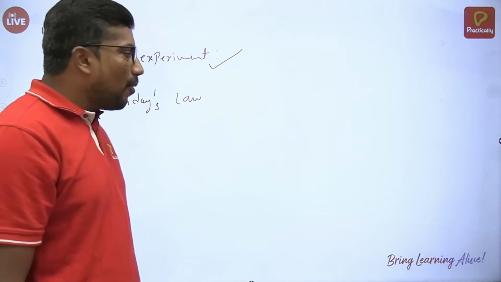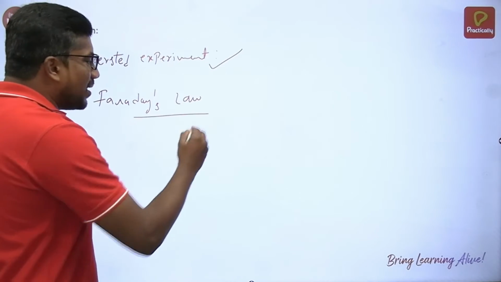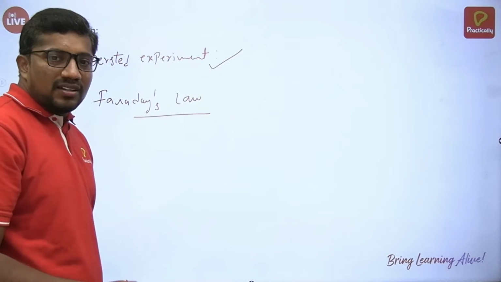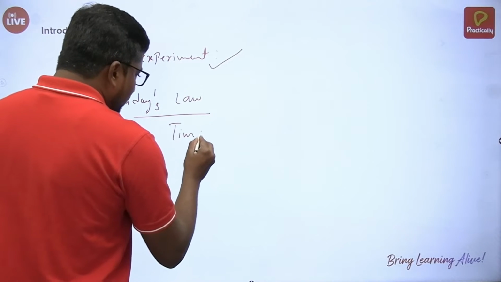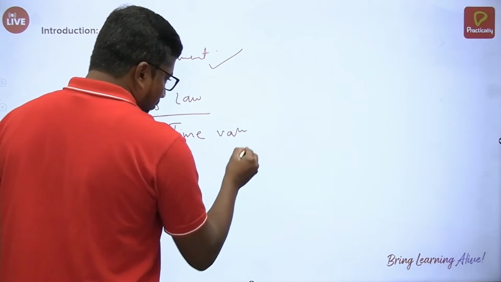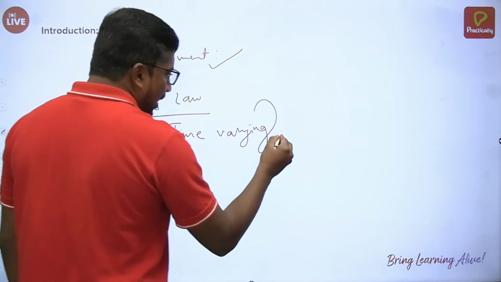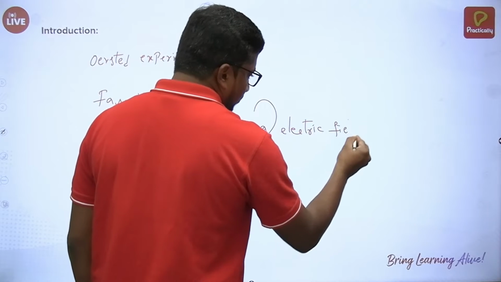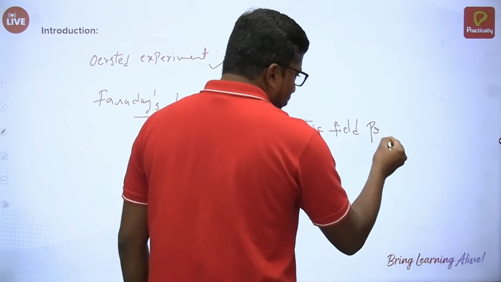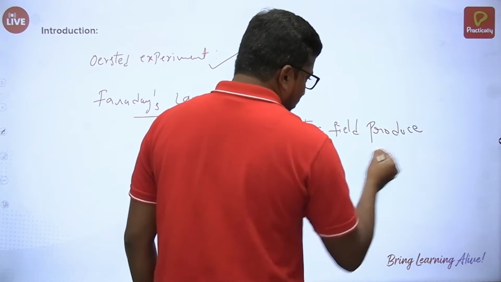Now coming to the point, is the converse of this statement true? Is it possible? What is that? Can a time varying electric field produce a magnetic field?